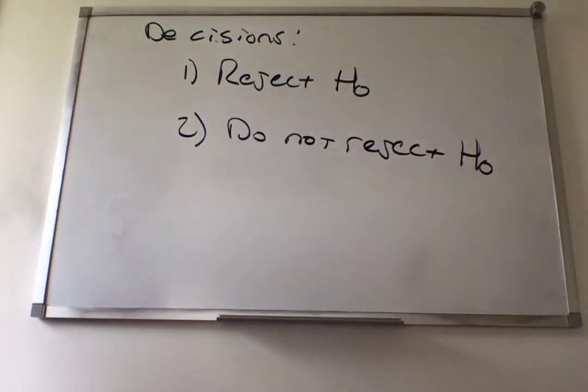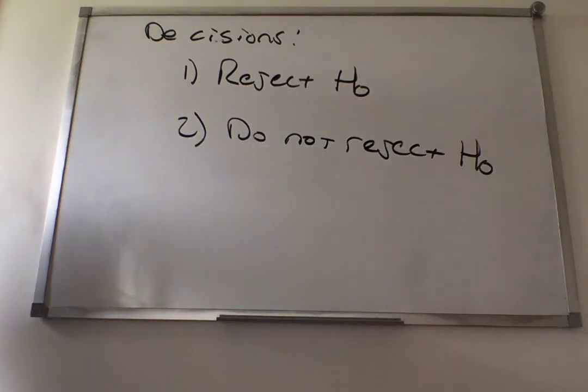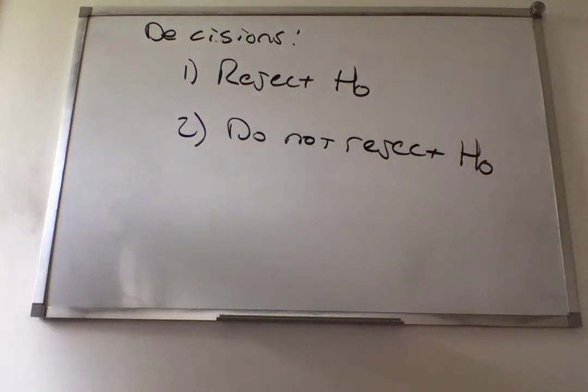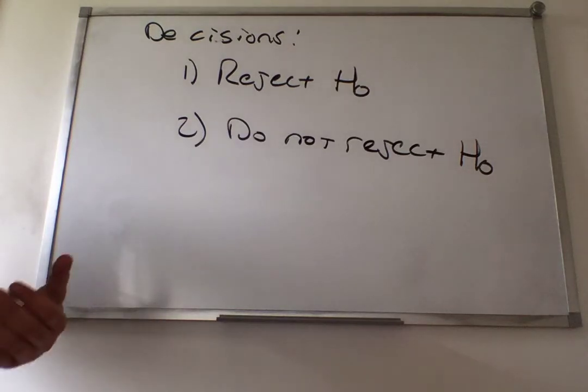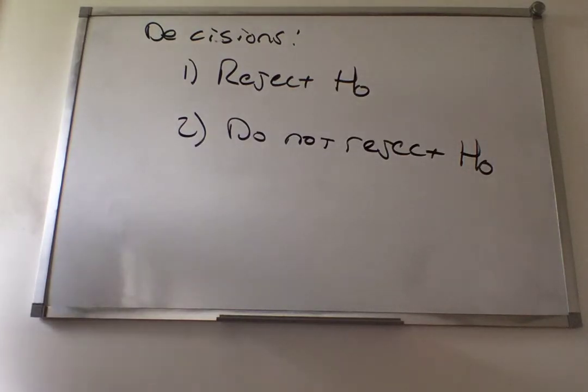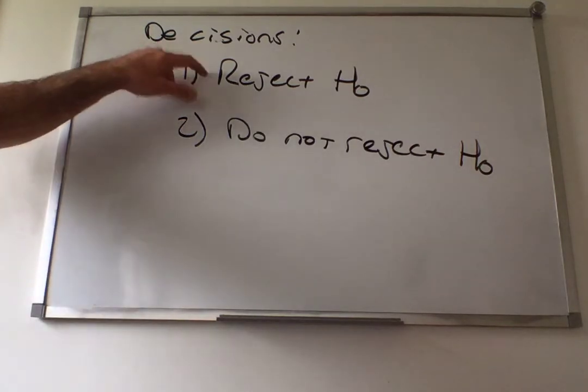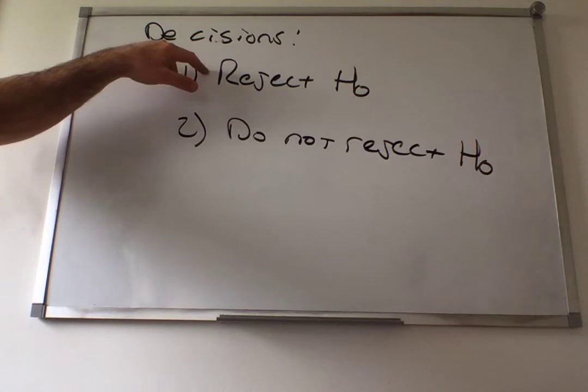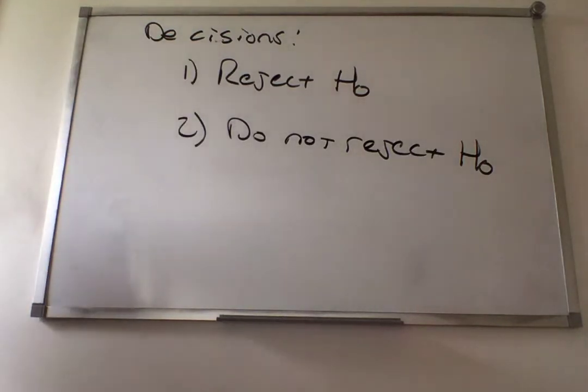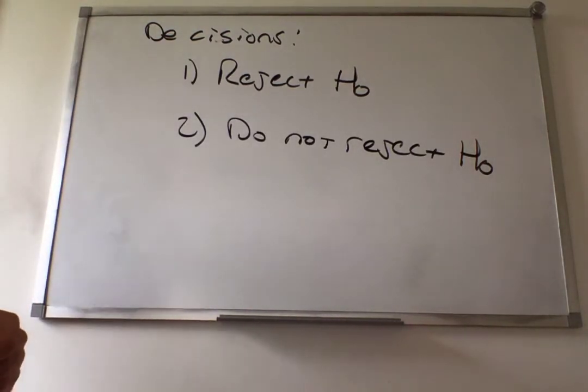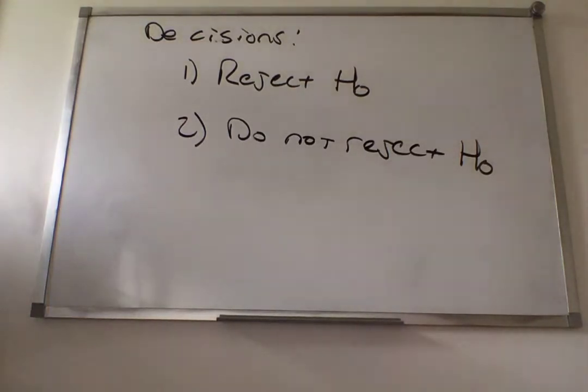Just because we assumed it to be true doesn't necessarily mean that it is true. We just don't have enough evidence to show that it is false. If we had enough evidence to show that it was false, we would reject it. But since we don't have enough evidence to show that it is false, we assume that it's true, okay? That doesn't make it actually true.